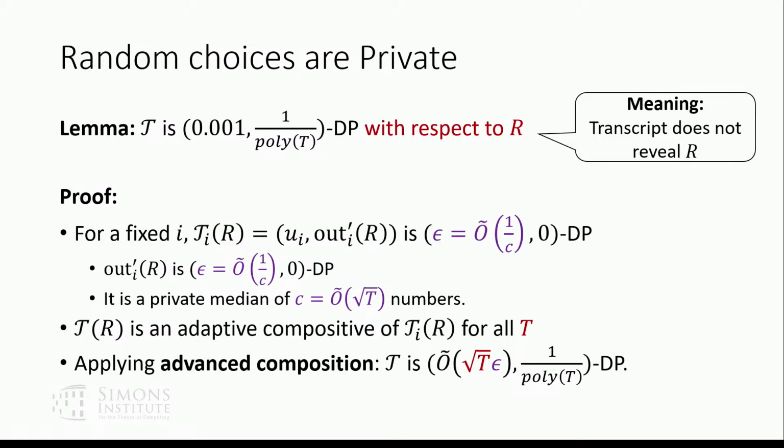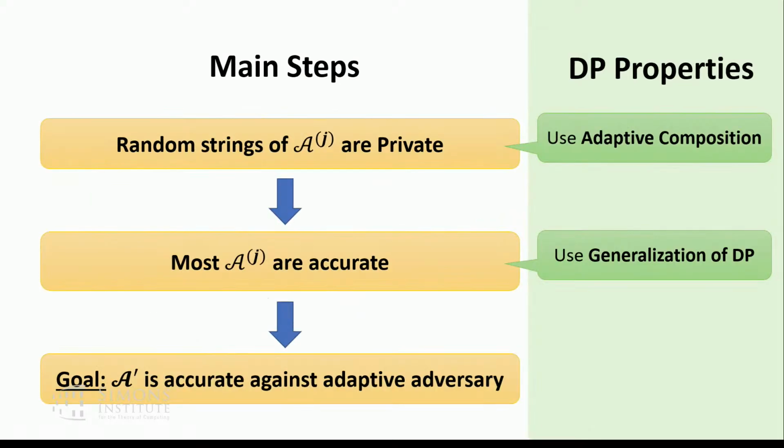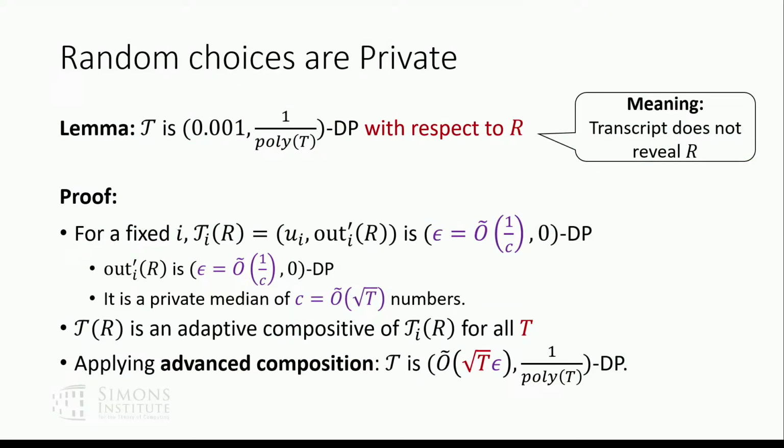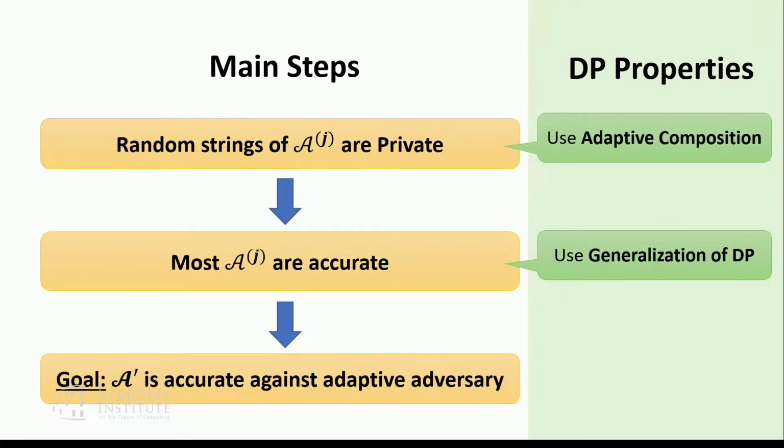Then you choose C to be big enough so that it cancels with √T, like √T times polylog, say. And then this is a small constant now. All right, hope that this makes sense.